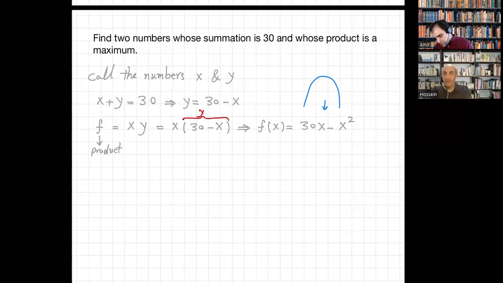If it's negative, like we have here, it's concave down. Exactly. If it was positive, it would be concave up.